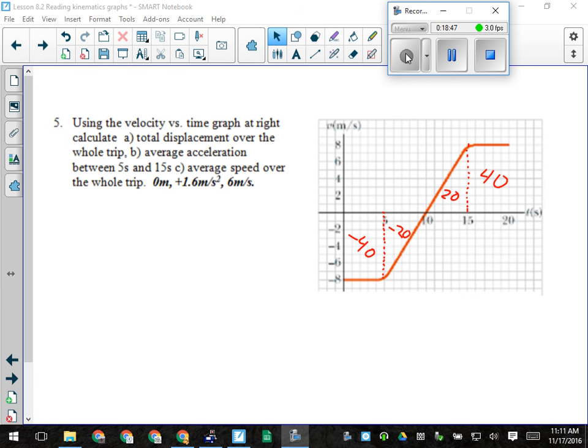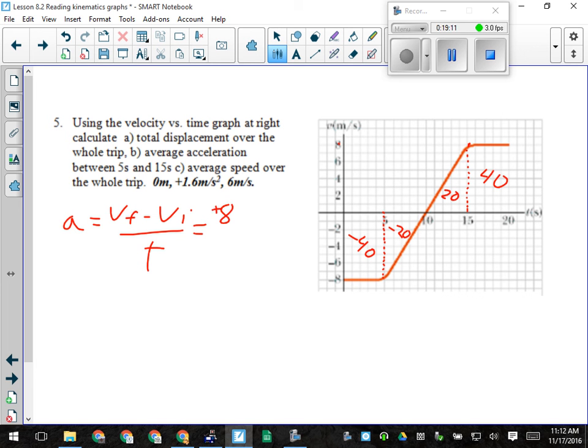All right, let's have a look at part B for this one. If I want to find the average acceleration between 5 and 15 seconds, do I have a formula that solves for acceleration? My formula for acceleration is VF minus VI over T. My final velocity happens at time 15 seconds, and it's positive 8 meters per second. I'm going to subtract my initial velocity, which was negative 8.